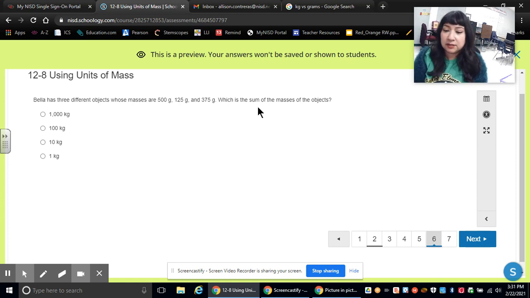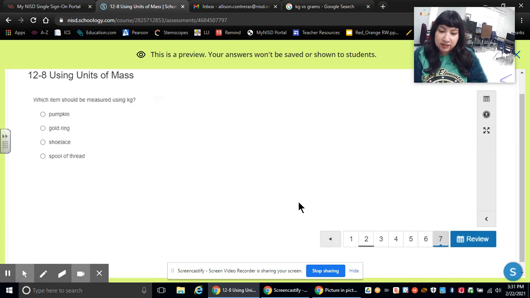Which of the 4 operations has sum? Give me thinking time. I hope you remember that you add to find the sum. So you will add these 3 measurements and select your answer: 500 plus 125 plus 375. Line them all up and select your answer.